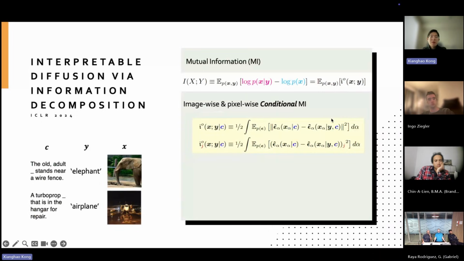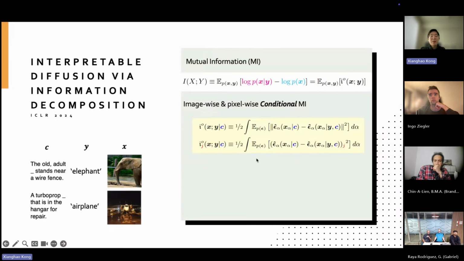Next, we want to do a more complex experiment. We give more information. We have a C, which contains the remaining words in the description of that image. For example, the background words, like the old adult stands near the wire fence, or the prompt that it is in the hangar for repair.